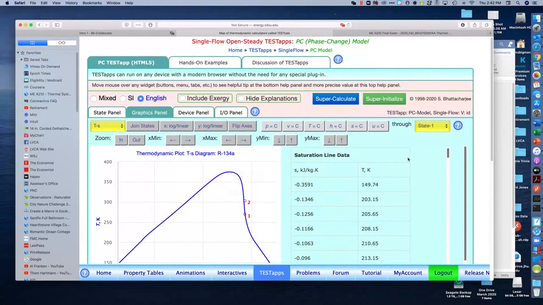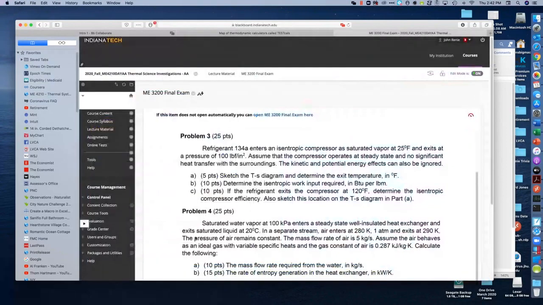And so the answer to this first problem is simply, there's the sketch, and the exit temperature is the temperature that we found for state 2 after the isentropic compression, and that temperature was specified on the output screen. The isentropic work is just the difference, H2 minus H1.